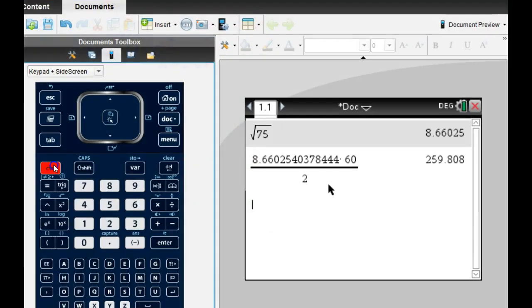And now I'm going to use my trusty yellow TI Inspire CX School Property Calculator to do square root of 48. All right, let's do it. 6.93. So my apothem is 6.93.